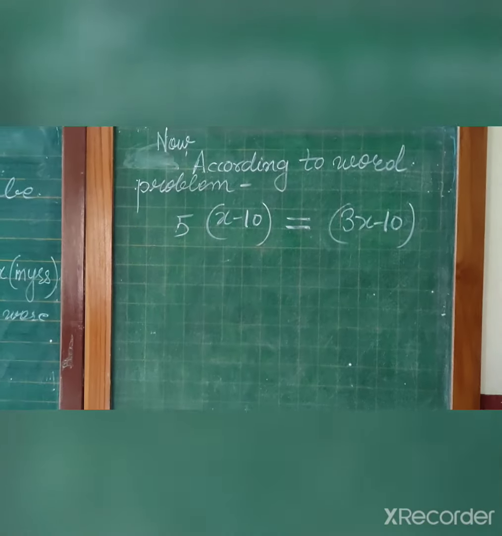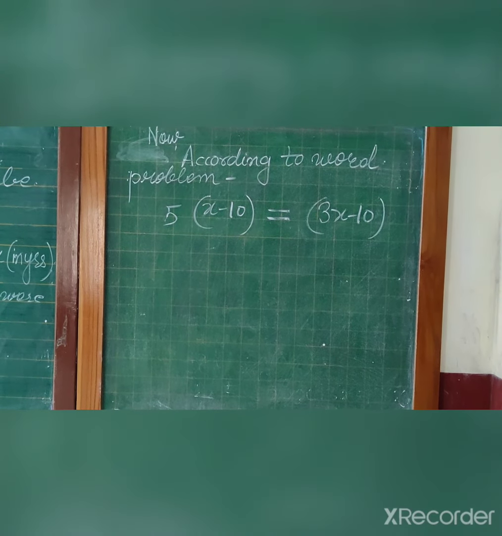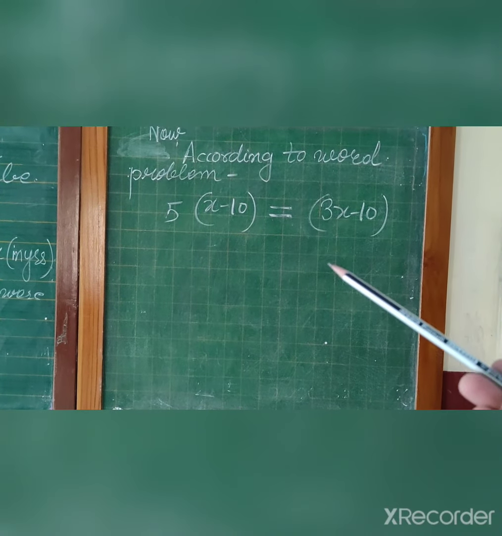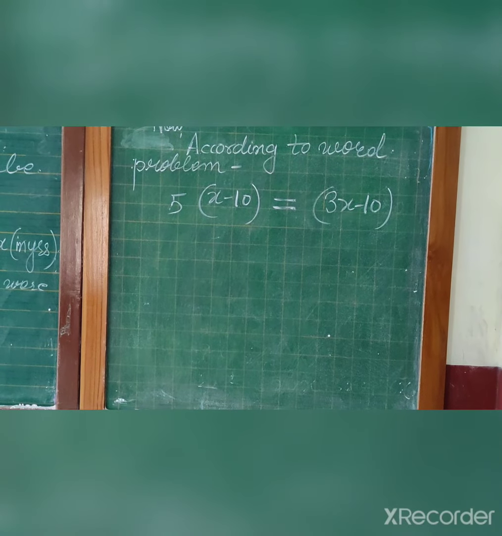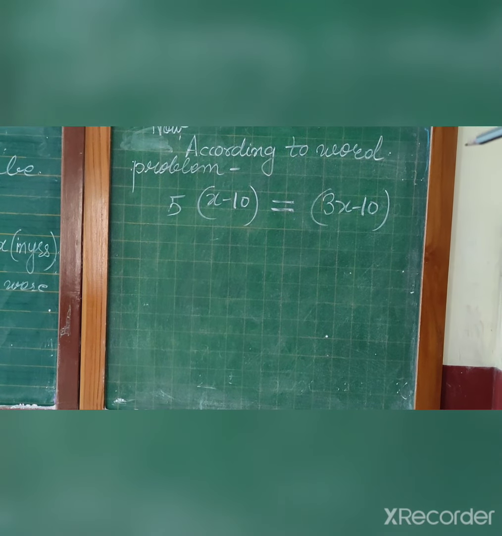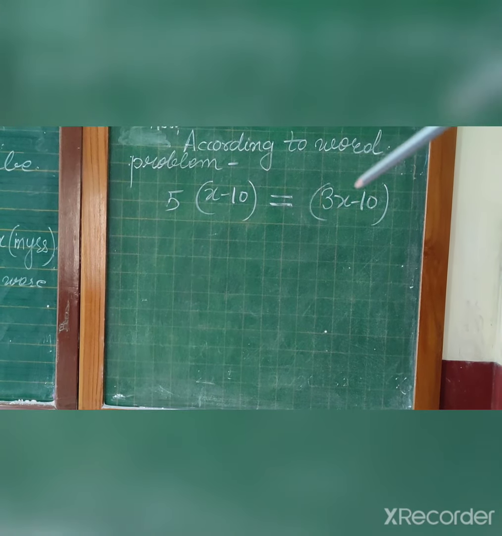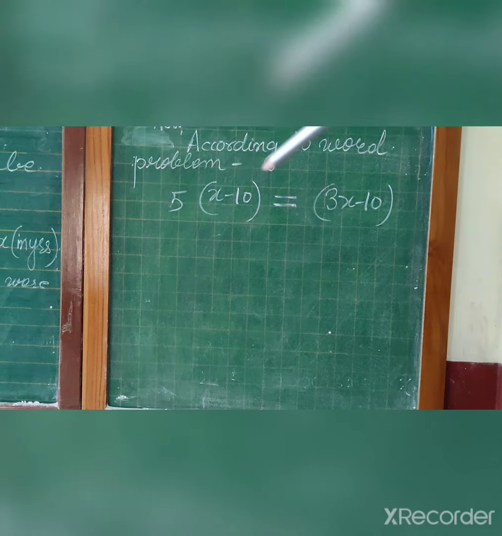Now according to the word problem, what? Before 10 years father's age was 5 times the son's age, but we want to put an equal sign, so we will multiply 5 in son's age. So the equation we will form is 5 into x minus 10 is equal to 3x minus 10. 5 into x minus 5 into 10, 50.